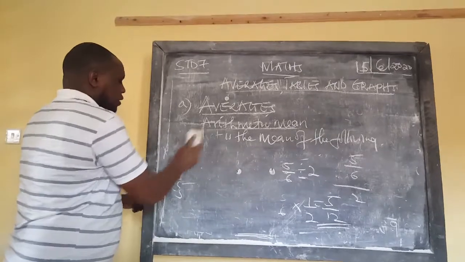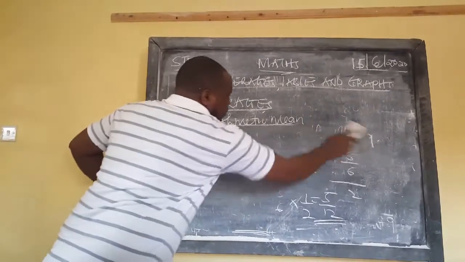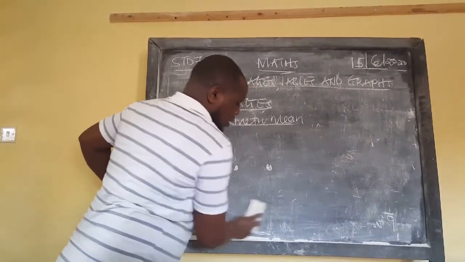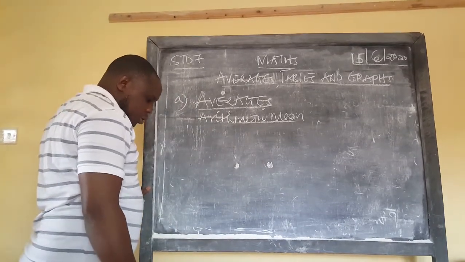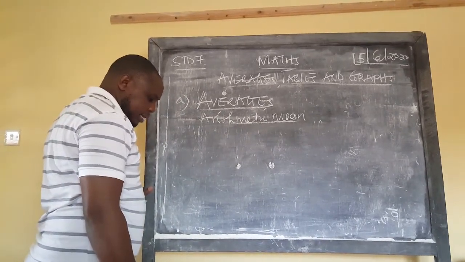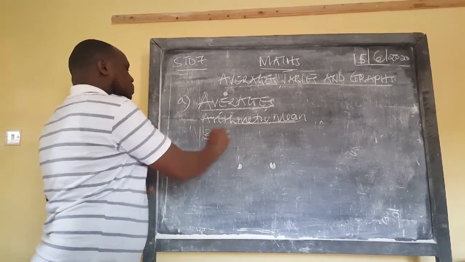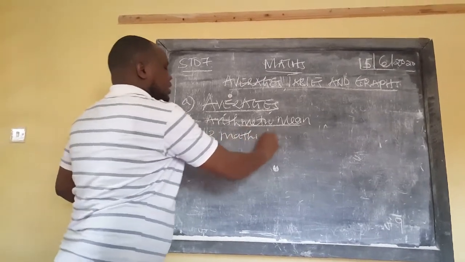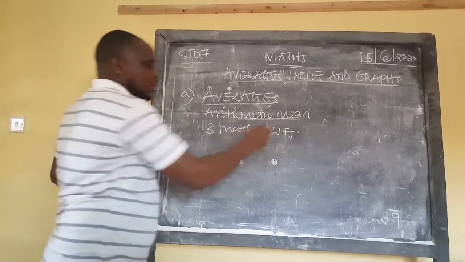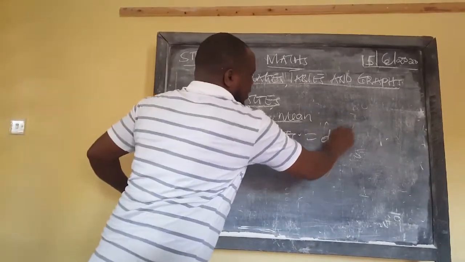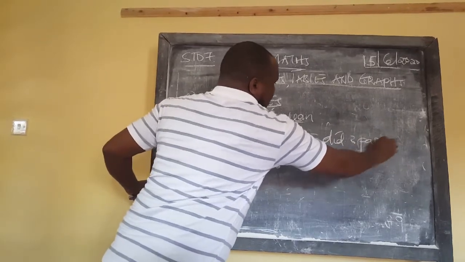I want to advance and give you a more complicated type of question. Rono sat for 3 mathematics tests. So 3 maths tests, and that means that he did 3 papers for mathematics.